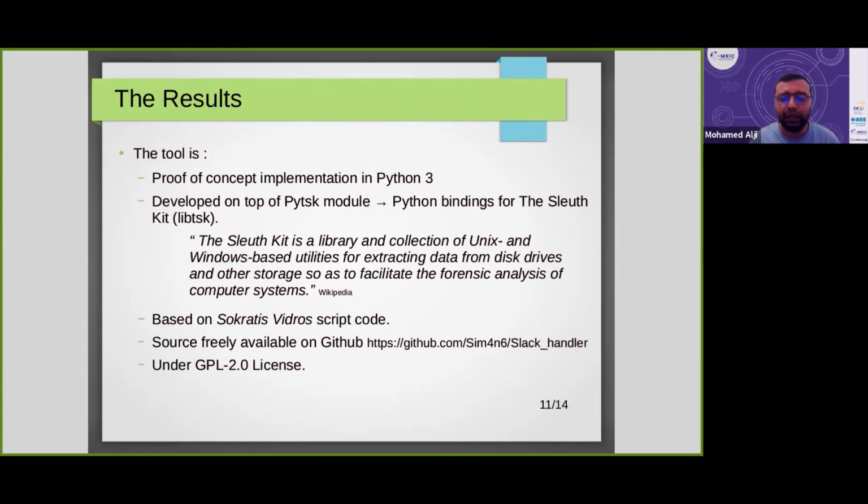While we were doing some research, we found a very interesting script by Socrates Vidro, and we based our work on it so that we could make this. The source code is freely available on GitHub at the address shown on the slide, and it's under the GPL2 license.